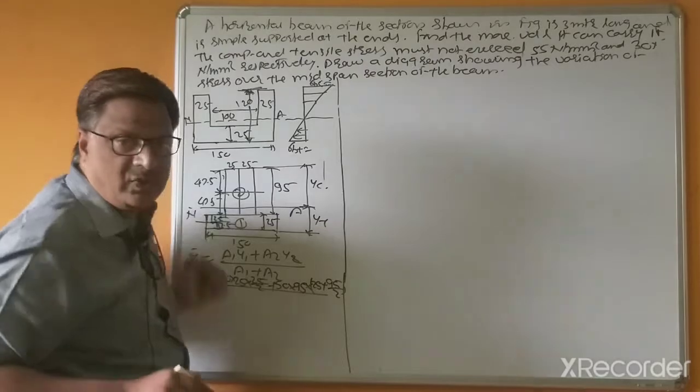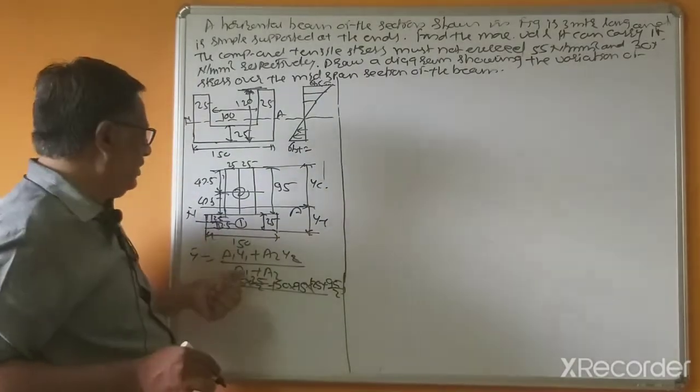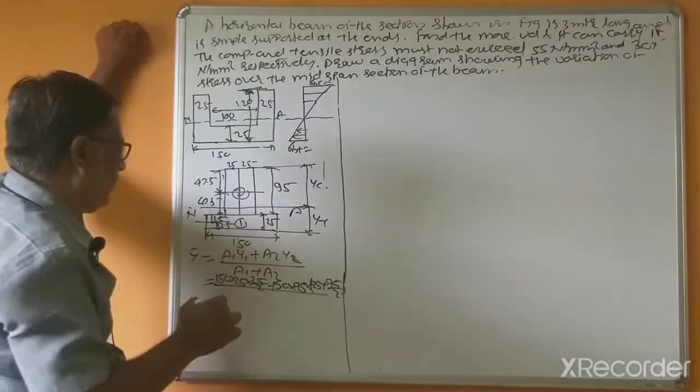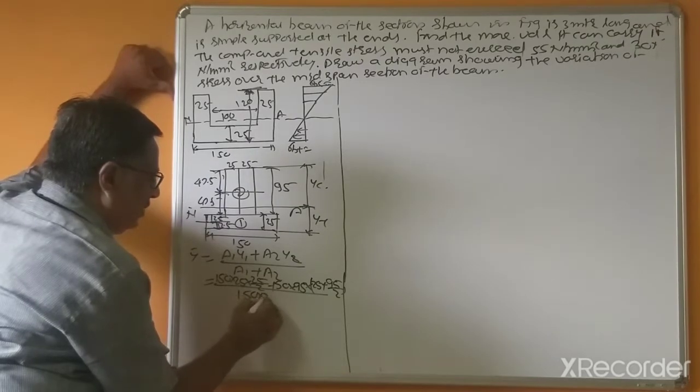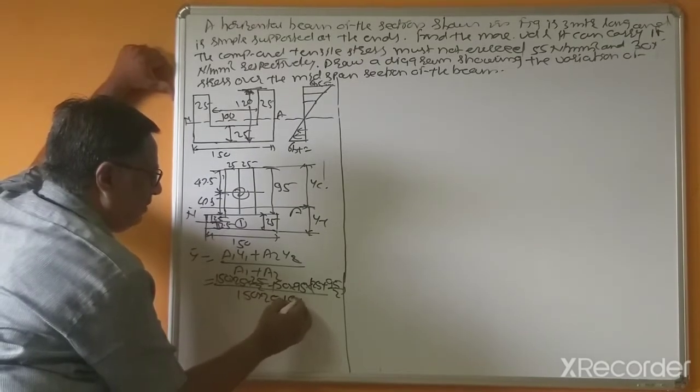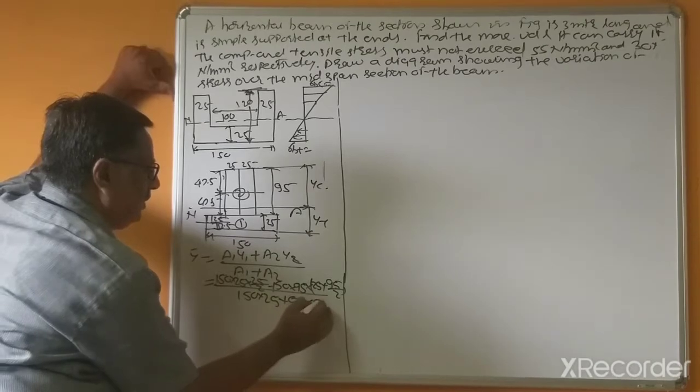So please, if you do not understand, try to understand this. And this is 150 into 25 plus 50 into 95.